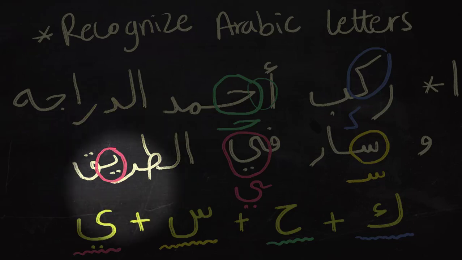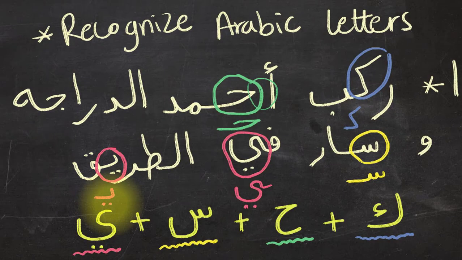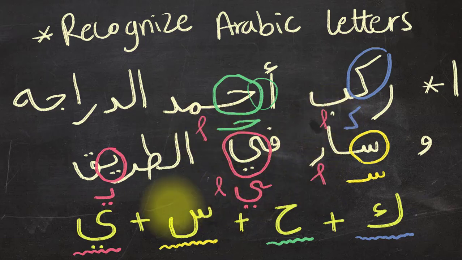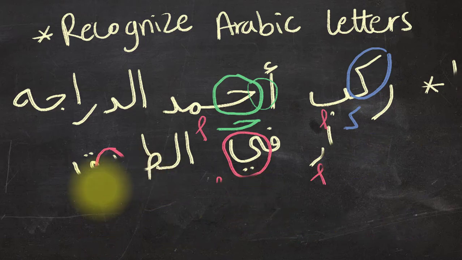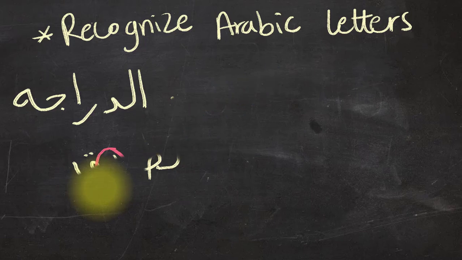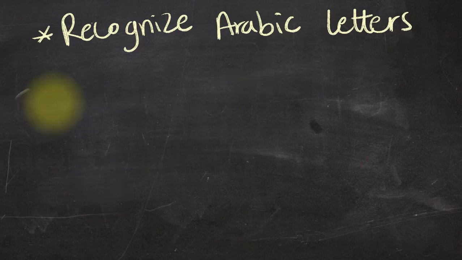But again, it can be attached to the letter before it, so we're using this symbol. So, kaf, ha, sin, ya, and ya. So, 1 point per correct answer. Now, we're going to move to the next sentence.